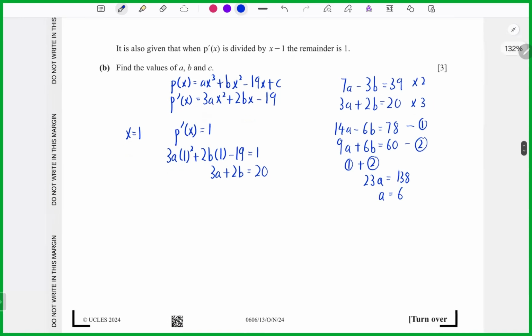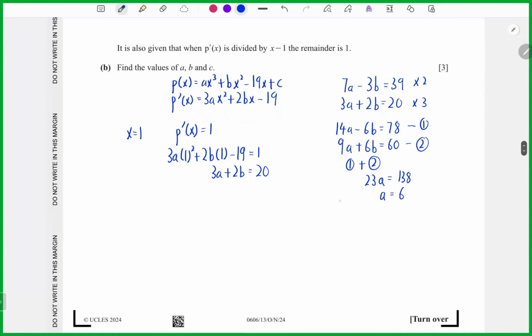Now we can find the value of b. 2b equals 20 minus 3 times a, where a is 6, so b equals 1.